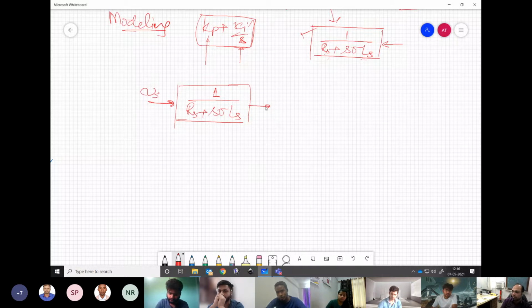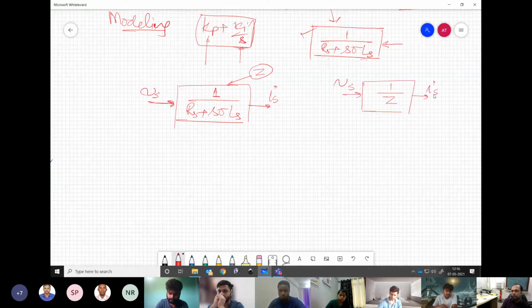And what is the output? Current. So this is kind of, you are representing the impedance Z over here. That's all. So you are dividing by Z. If I ask you to write, this is simply 1 by Z. That is what you are doing in the modeling. But Z contains R and L both.